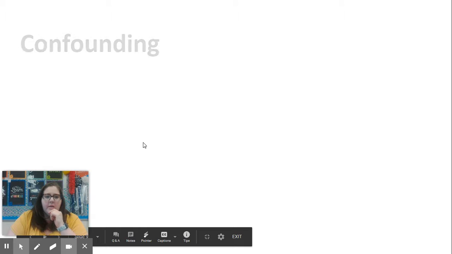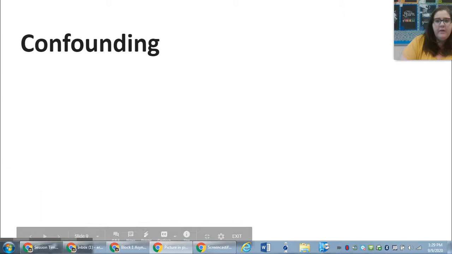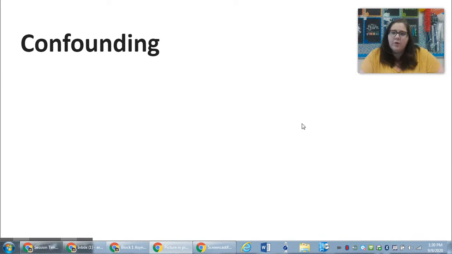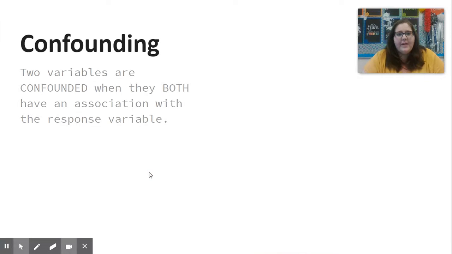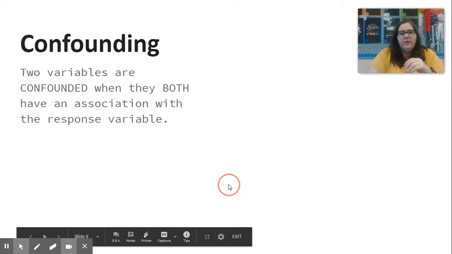Right? So a couple of things to make note of in terms of all of these words. One word we have when we talk about experiments is confounding, or confounding variables. Two variables are considered to be confounded when they both have an association with the response variable.